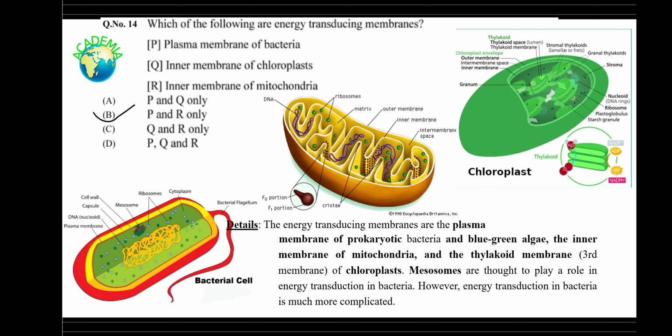Sorry, no. Chloroplast is double membrane, and you will see F0 and F1 particles in the thylakoid membrane, so the thylakoid membrane is a third membrane. So this is wrong. Inner membrane of mitochondria, yes, you will see that there. So P and R only. Option B is right.